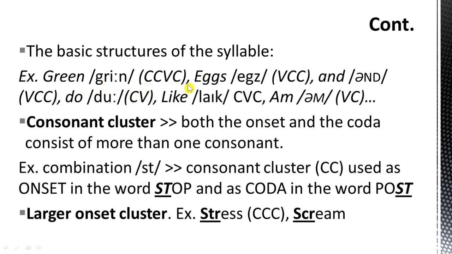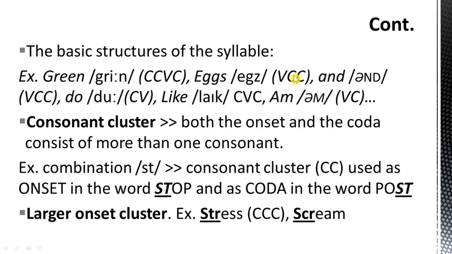It is easy, like age. This one you may be confused by when you have no phonetic symbol to support you. So when you have the phonetic symbol, it is easy to identify the structure of the syllable.